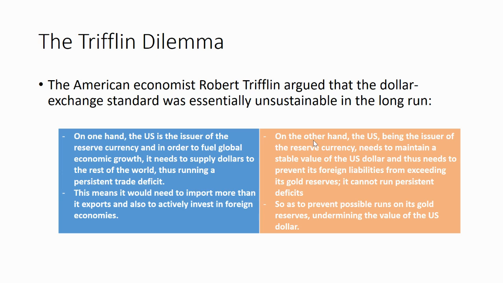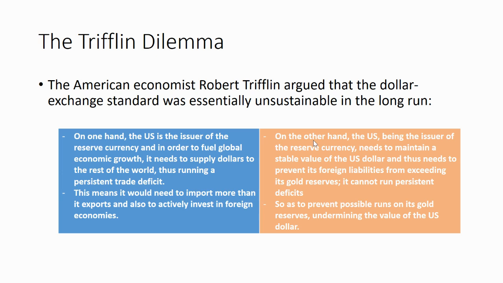So the argument is that on the one hand, if the US is indeed the issuer of the reserve currency, the international currency, the US dollar, to support global economic growth, it needs to supply dollars to the rest of the world. It needs to invest, it needs to loan dollars to the rest of the world. And this would mean that it would need to run a persistent trade deficit.